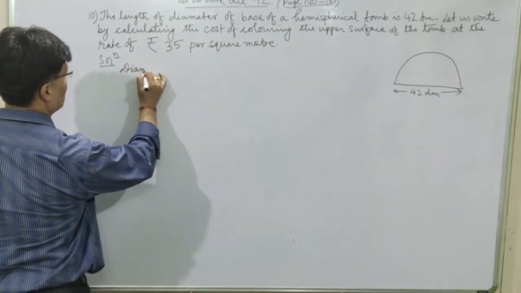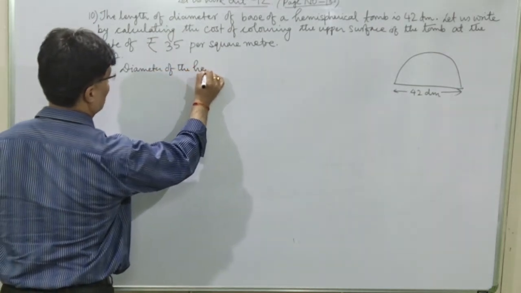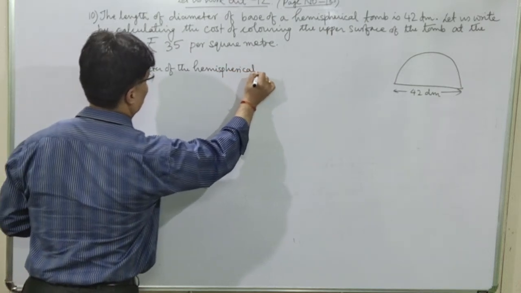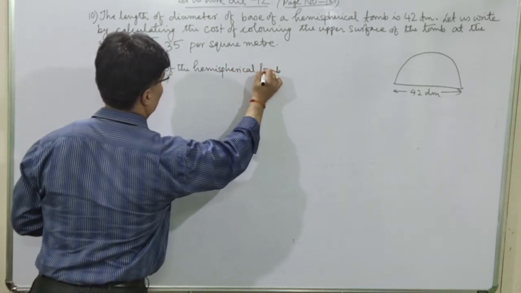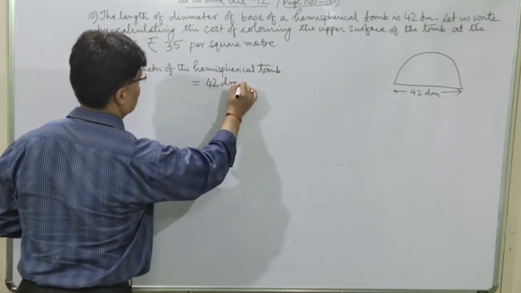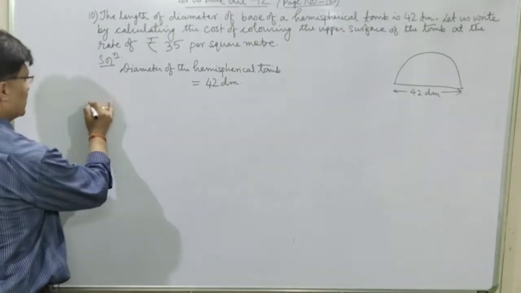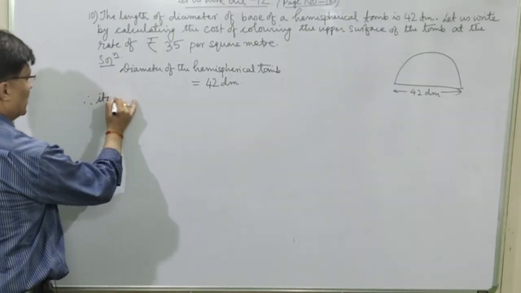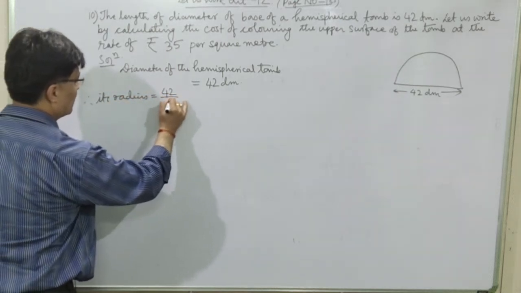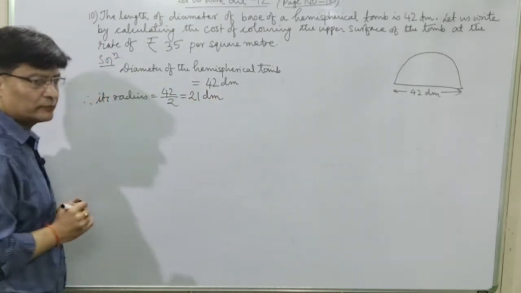So let us write diameter of the hemispherical tomb is equal to 42 decimeter, right? So let us find out its radius. Therefore its radius is equal to 42 divided by 2 is equal to 21 decimeter.